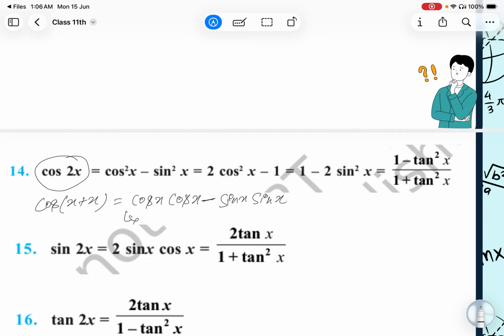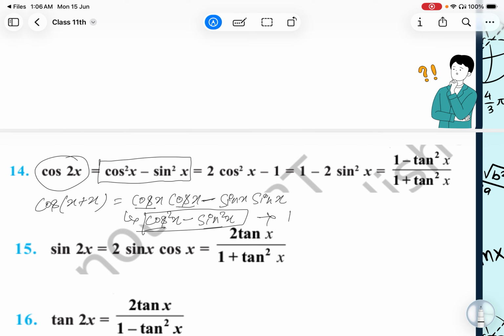Okay, so we can write this as cos x into cos x is cos square x minus sin square x. This is the first statement you see here, cos square x minus sin square x.